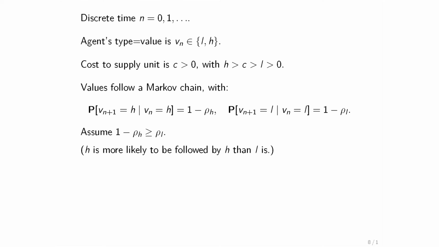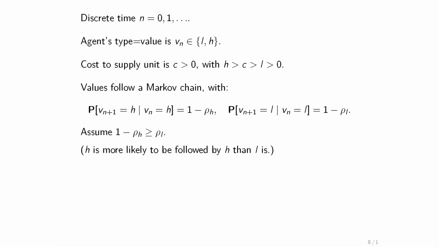Similarly, rho L is the probability of type rotation conditional on being a low type today. And specifically, we look at a case in which 1 minus rho h is higher than rho L. So a high value is more likely to be followed by a high value than a low value is. In other words, we look at positive persistence.